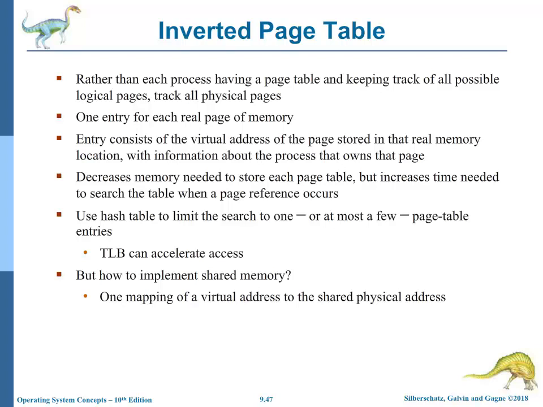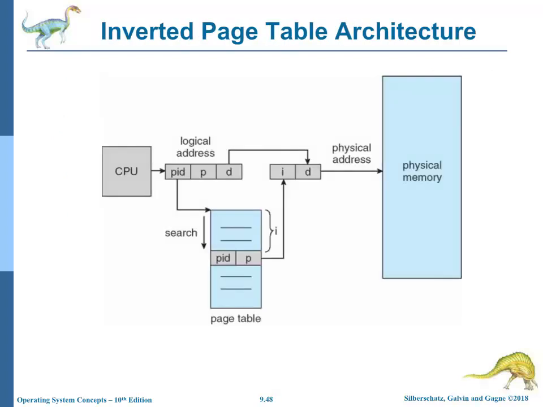Inverted page tables prohibit the normal method of implementing shared memory, which is to map multiple logical pages to a common physical frame, because each frame is now mapped to one and only one process. This example is an IBM system.